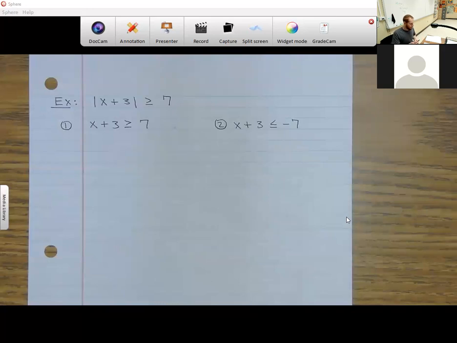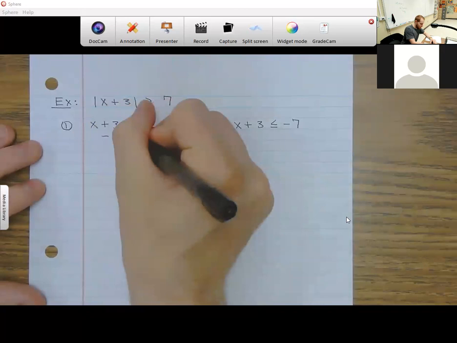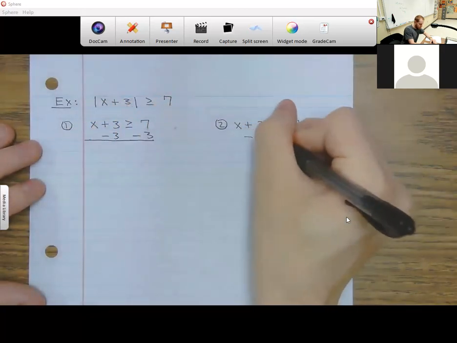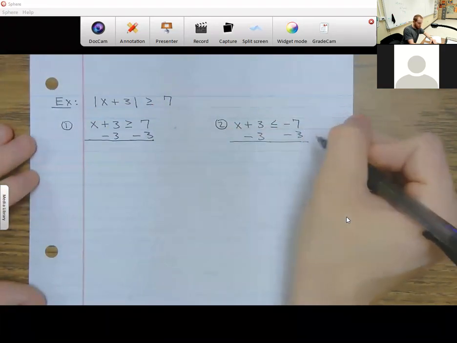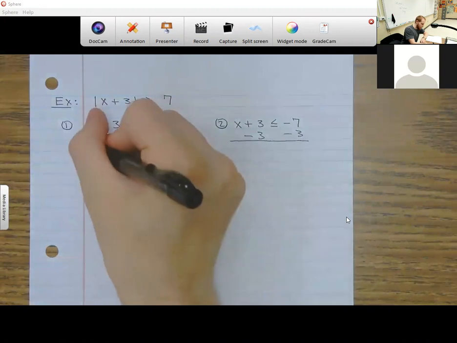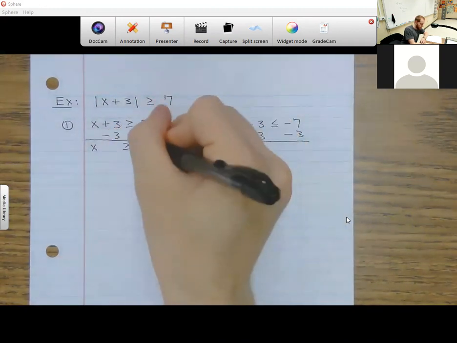So let's solve them both. I subtract 3 on both sides. And let's see what happens. Okay. So when I do that, I get x is greater than or equal to 4.